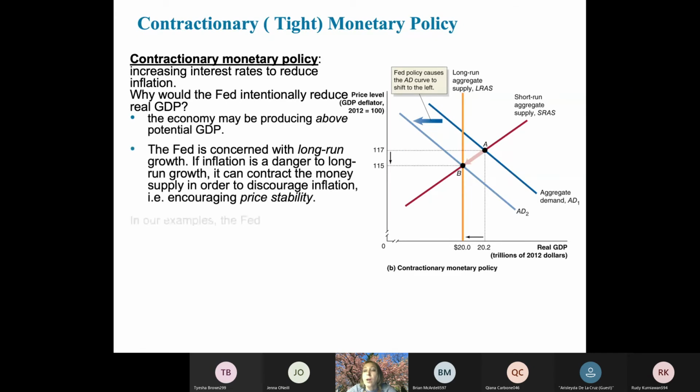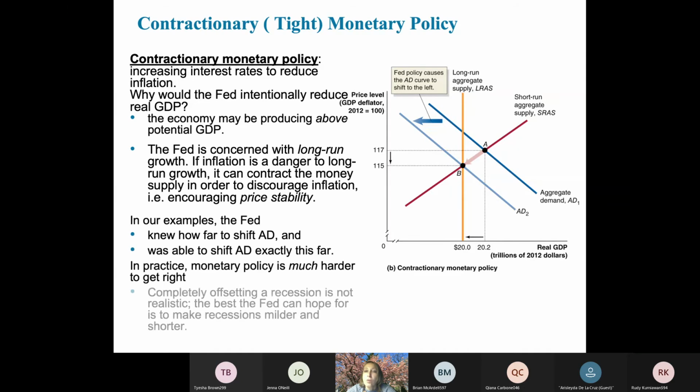But if you keep going and going and your aggregate demand grows higher beyond its long run aggregate supply curve, as it is on this new picture, then contractionary or tight monetary policy may be in order. So you want to reduce aggregate demand from point A to point B on this picture.